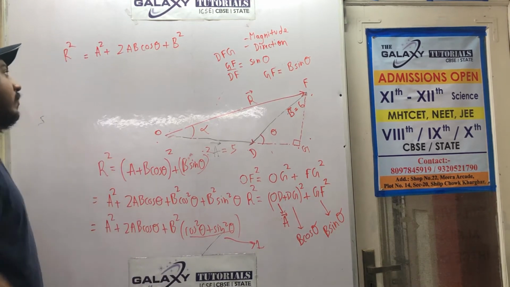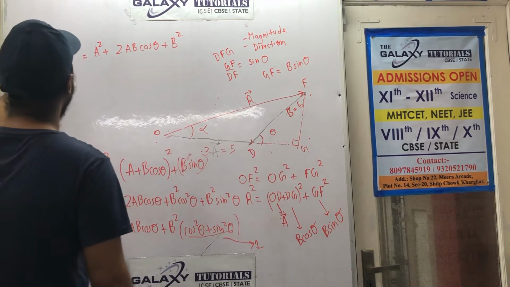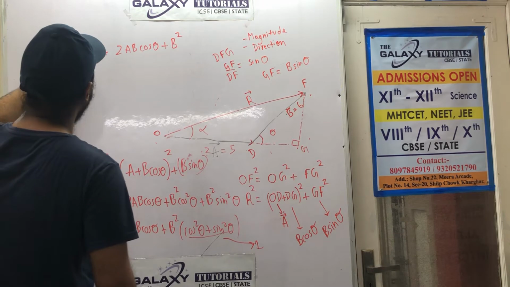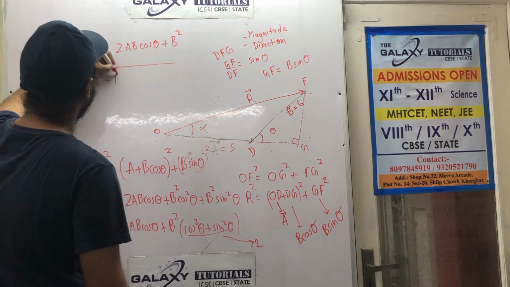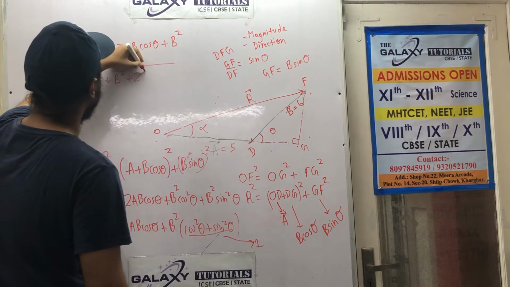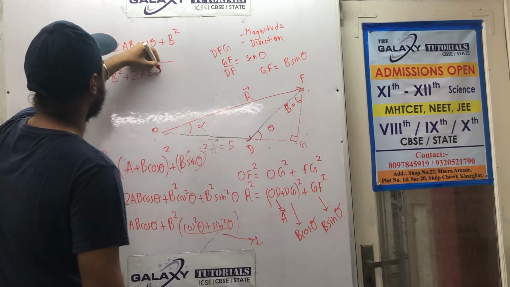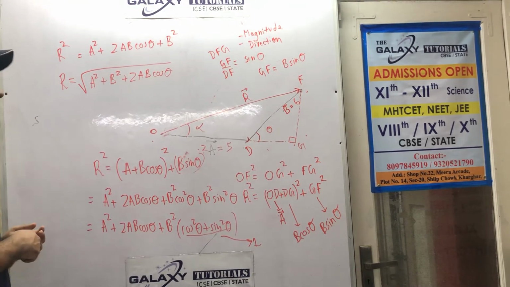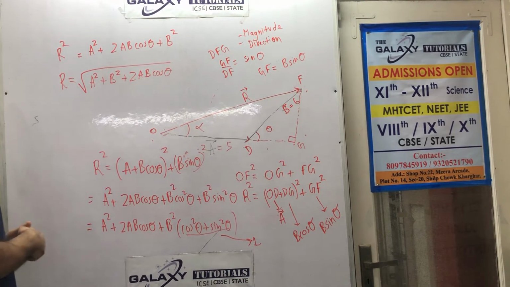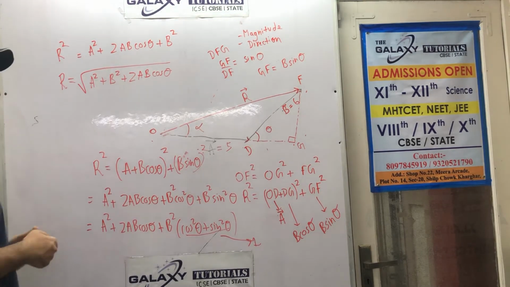We are trying to find out R. What will be the value of R? That will be equal to under root of A square plus B square plus 2AB cos theta. So that is the value of the magnitude of R.